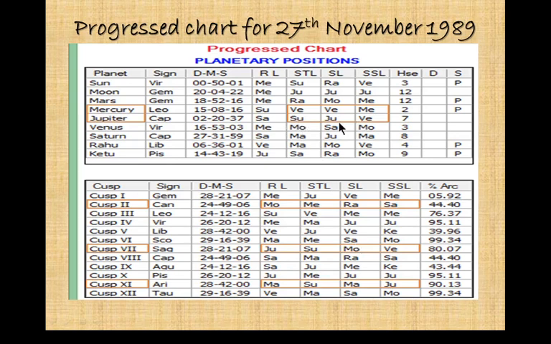Similarly, Jupiter, his star is Sun and so is Jupiter. Sun appears in 2 and Jupiter appears in 7. Sun appears in 7 and 11, and Jupiter appears in 11th. So the progression chart also supports the event.